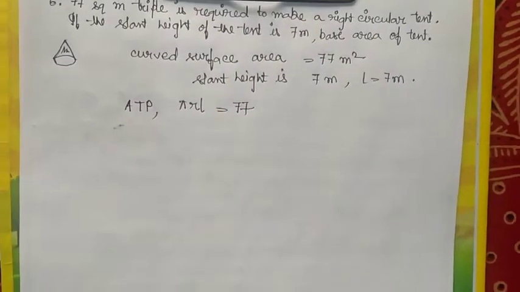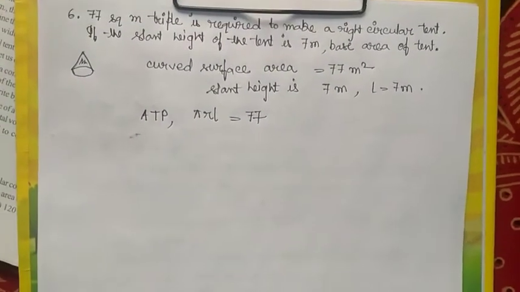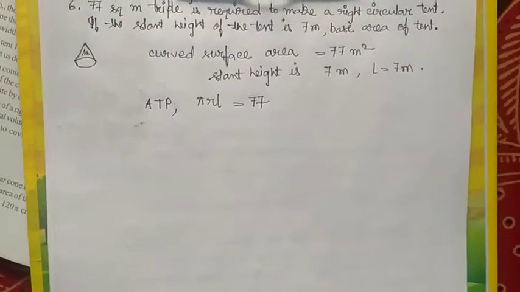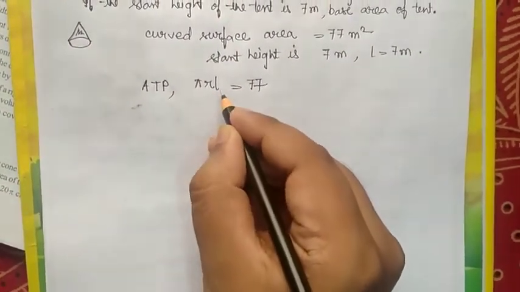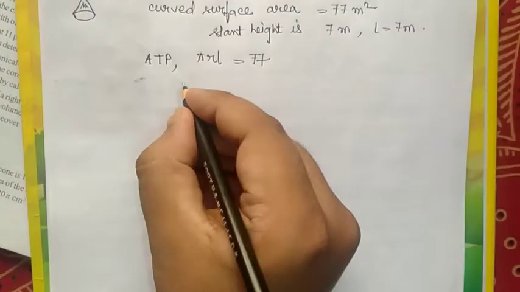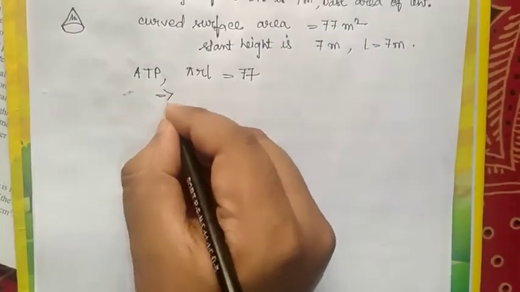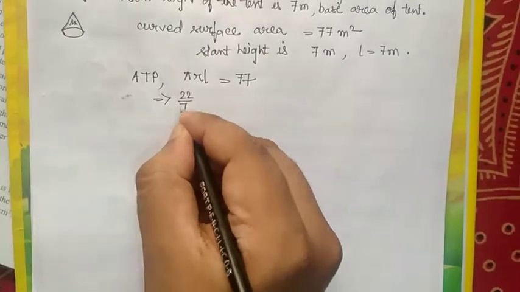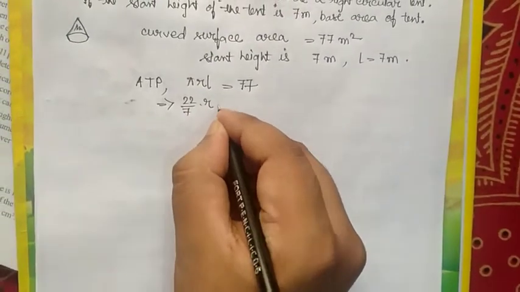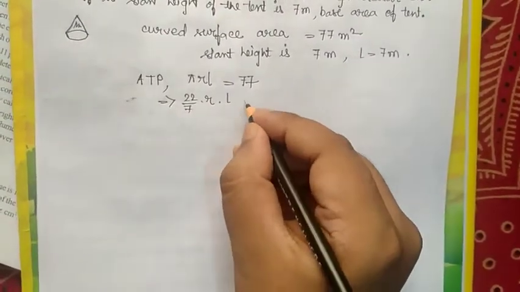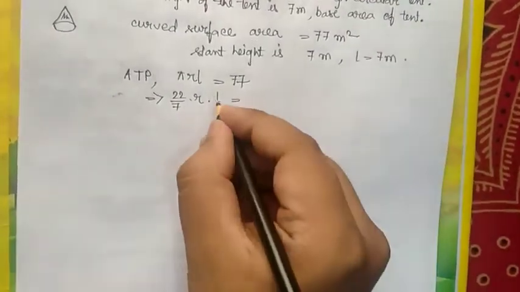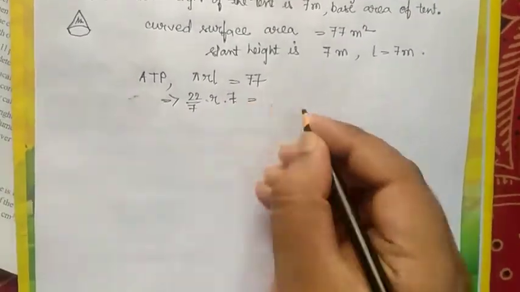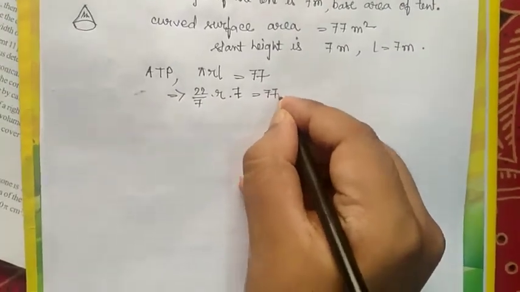Now we put the value of pi and L. So 22 by 7 into R into L, where L is 7, equal to 77.